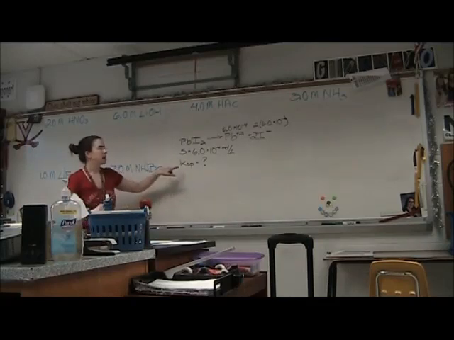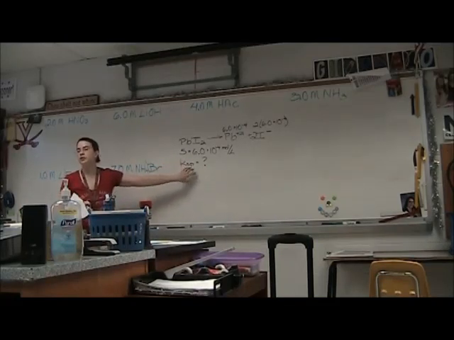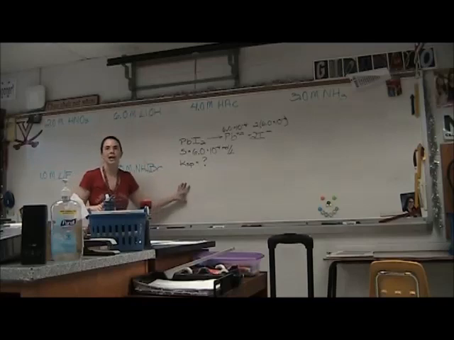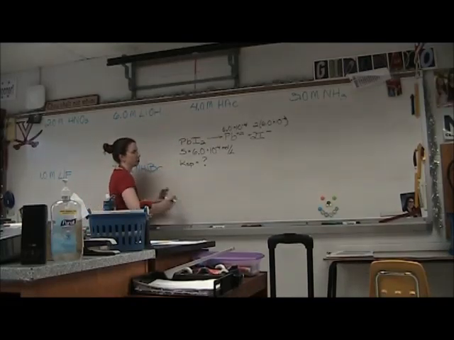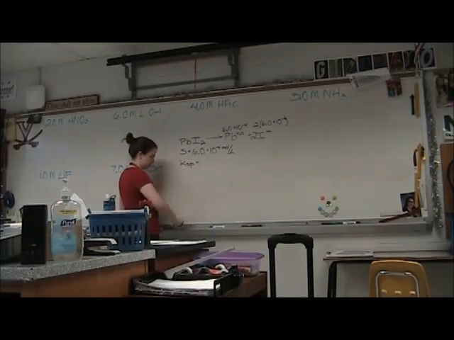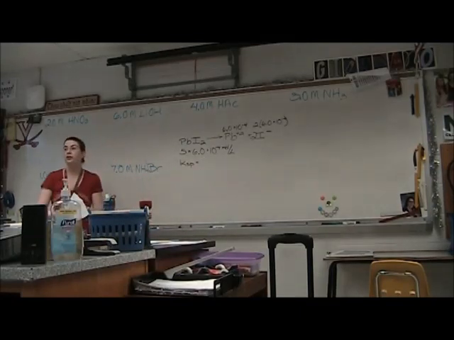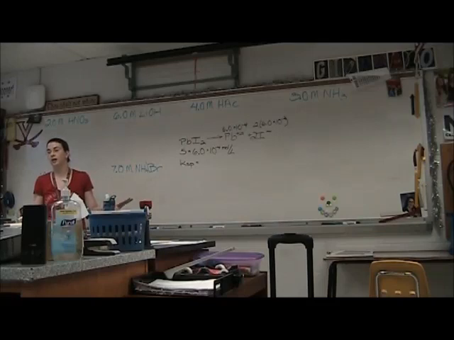Guys, in a lot of these free response questions, part A is going to be write the equilibrium expression, which means no numbers. You will be asked to do that for acid-base problems as well.